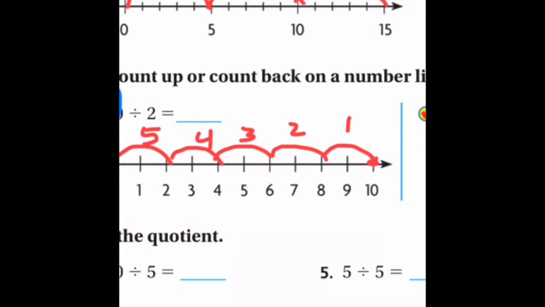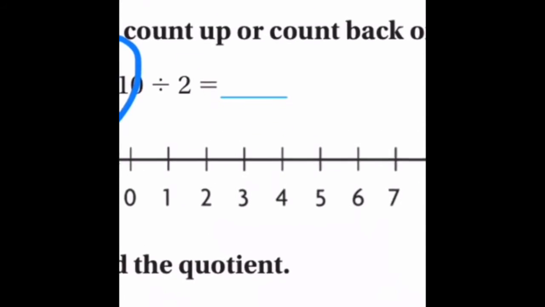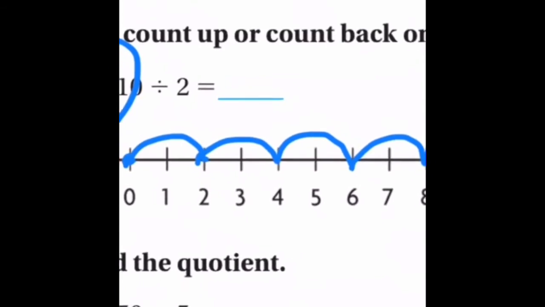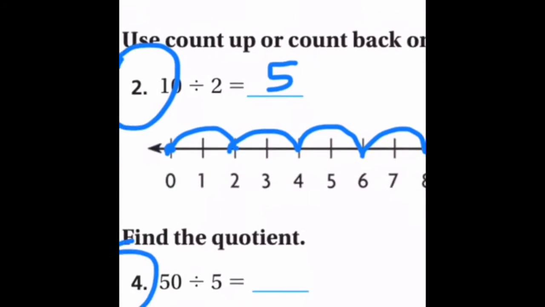So it equals 5. The other strategy I could use is to count forward on the number line, starting at 0, and make my jumps of 2. Jump a 2, jump a 2, and then I have to stop when I get to 10. Same thing, made 5 jumps. 10 divided by 2 is 5.